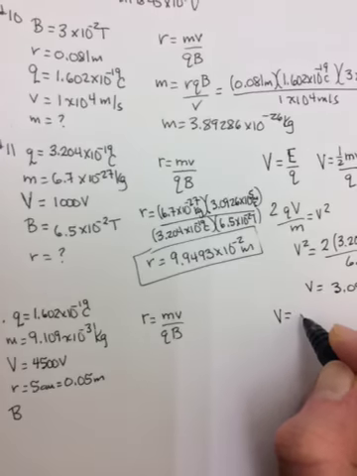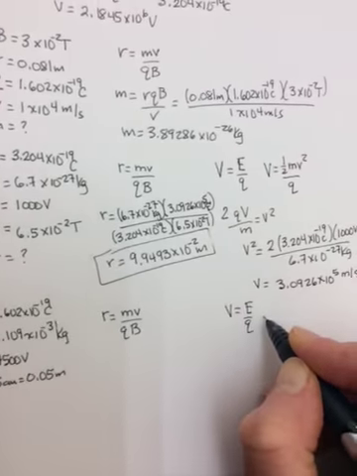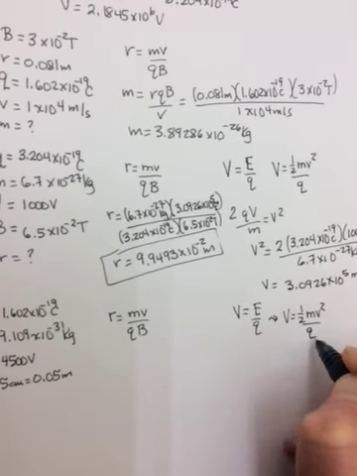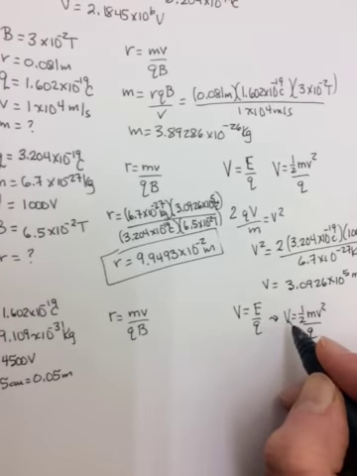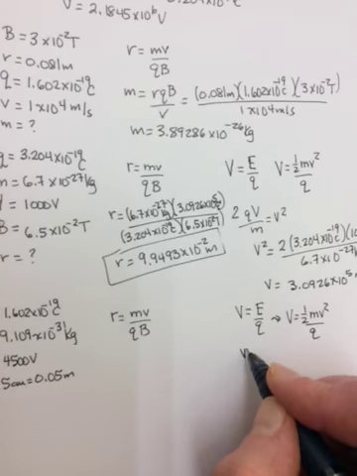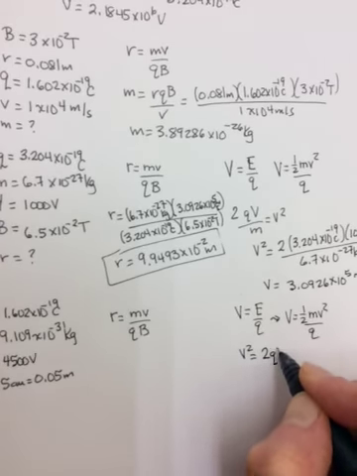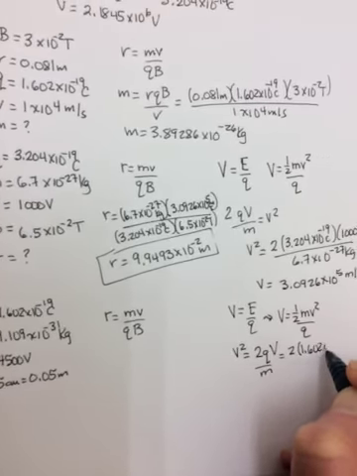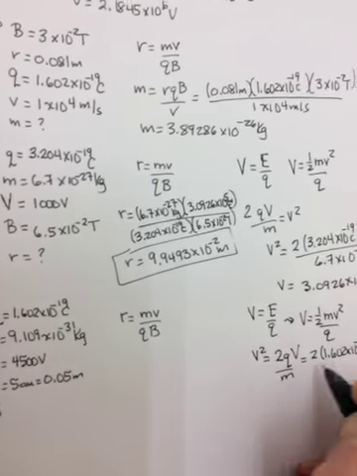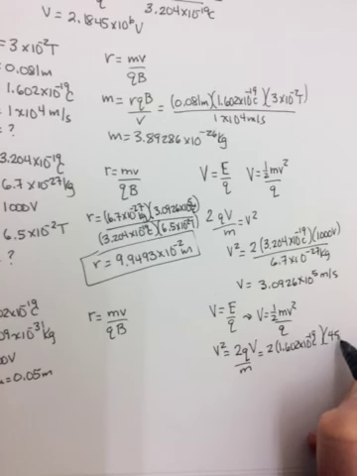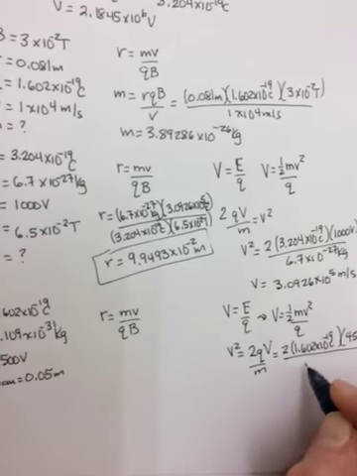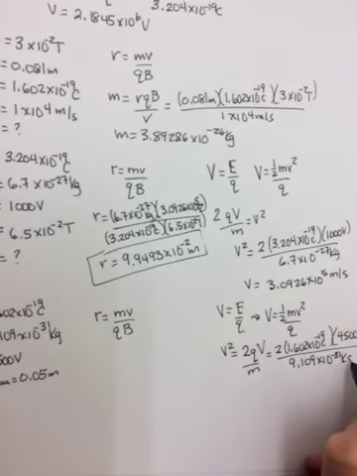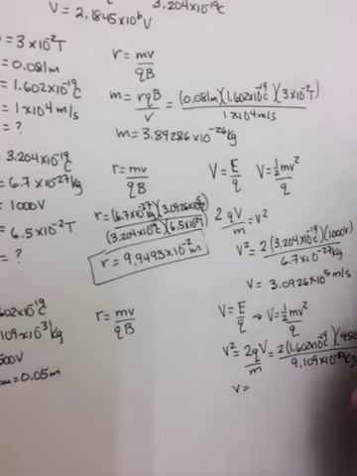So again, we have to go to V is equal to E over Q, so V is equal to 1/2 mv squared over Q. Multiply by Q, multiply by 2, divide by M: v squared is equal to 2qV over M. So 2 times 1.602 times 10 to the negative 19 coulombs, times 4,500 volts, divided by 9.109 times 10 to the negative 31 kilograms. Remember, that's going to be v squared.